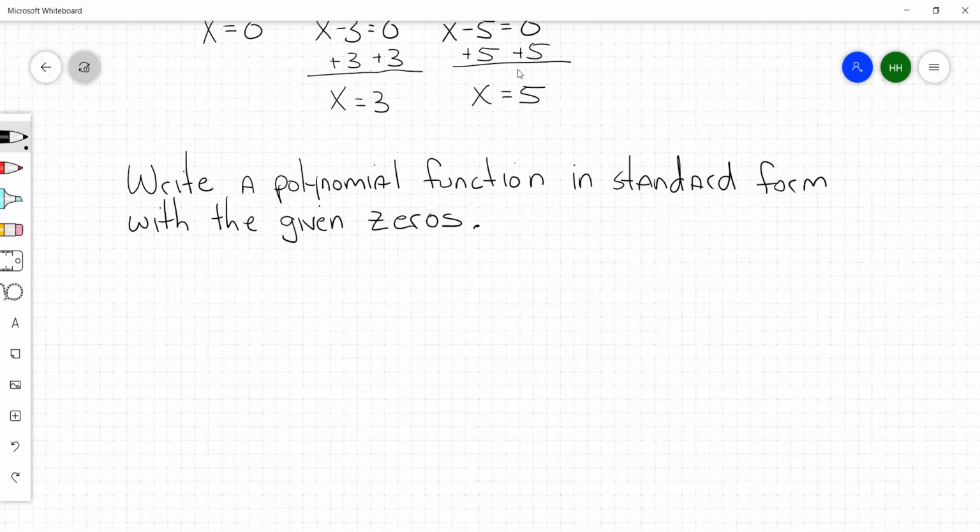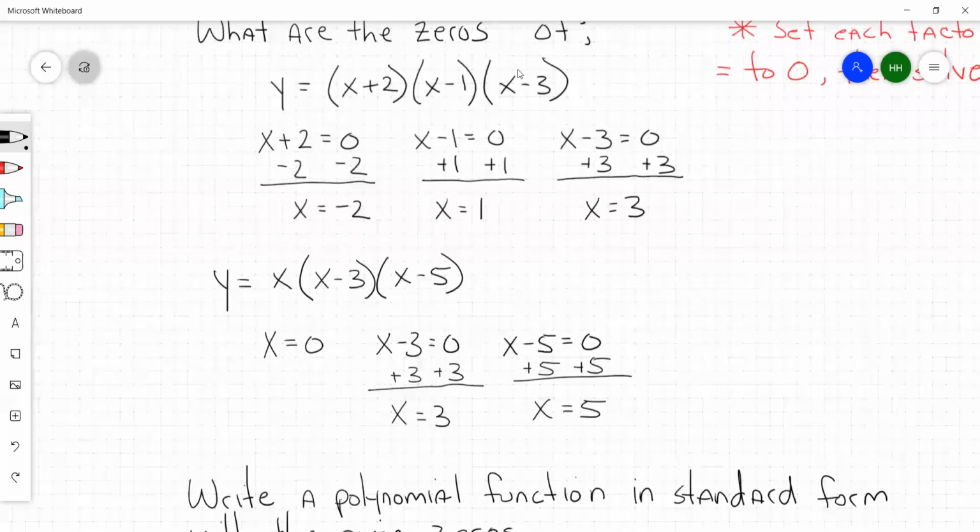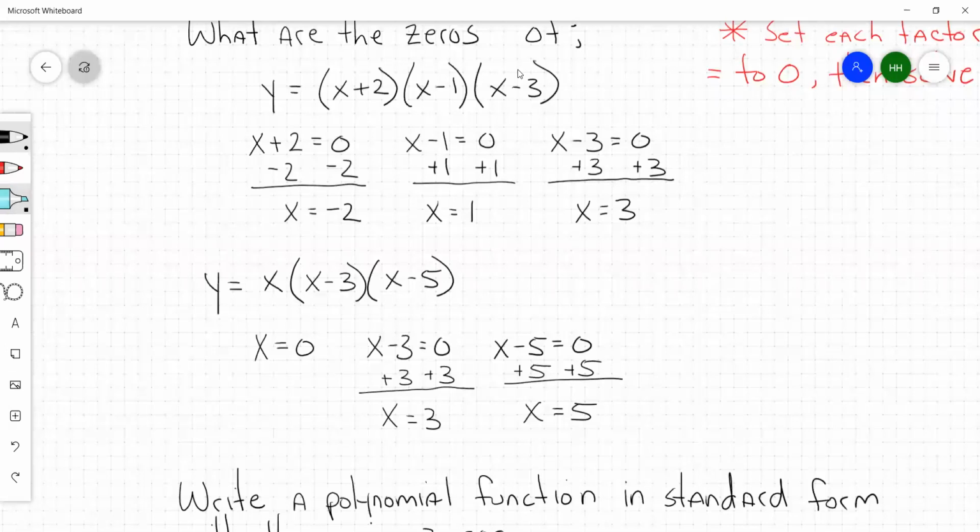All right, and what you want to do here is draw back on this previous problem where, look, if a function had a 0 of -2, it has a factor of x plus 2. If a function has a 0 of +1, it's got a factor of x minus 1. A function with a 0 of 3 has a factor of x minus 3.